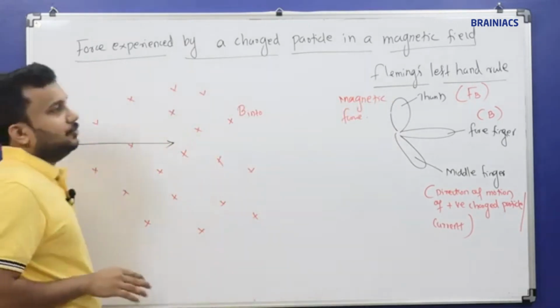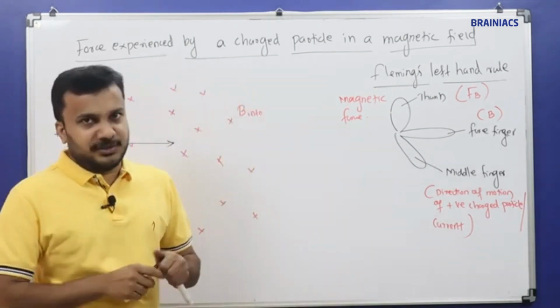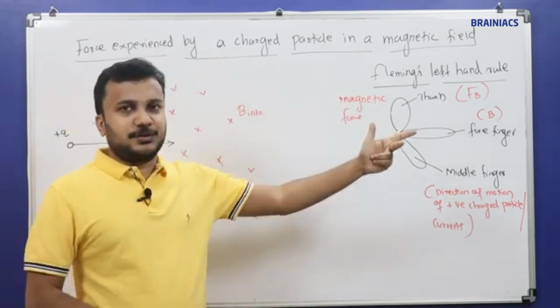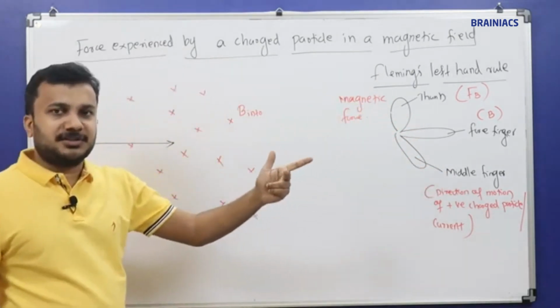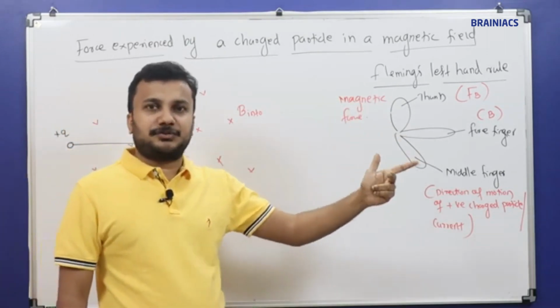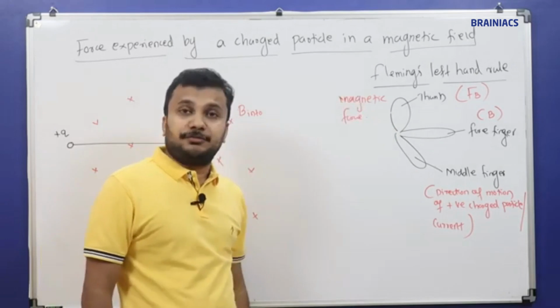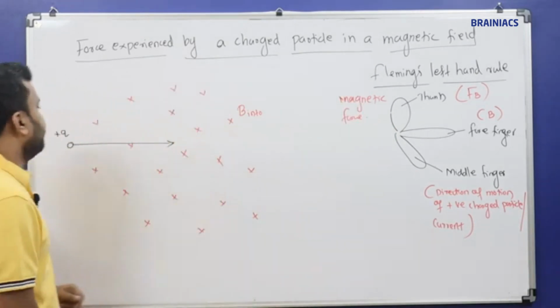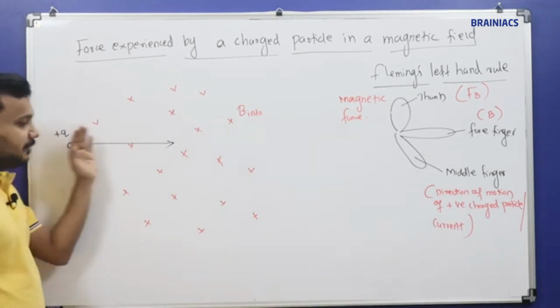We are going to apply this Fleming's left hand rule here. Forefinger represents the magnetic field, middle finger represents the direction of current or motion of the charged particle, and the thumb represents the magnetic force, FB. Next, the positive charged particle in this diagram is moving from left to right.